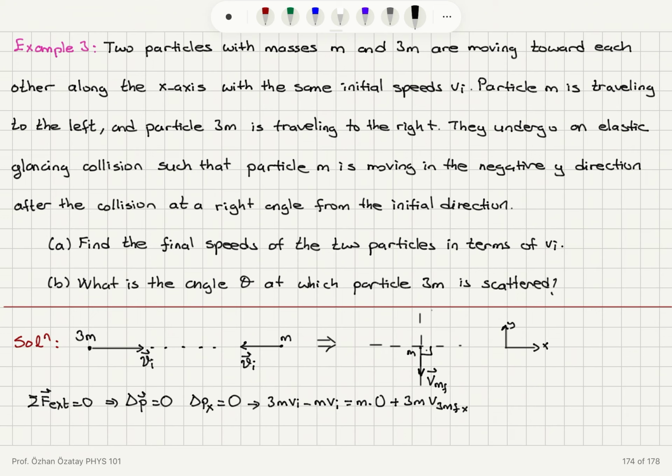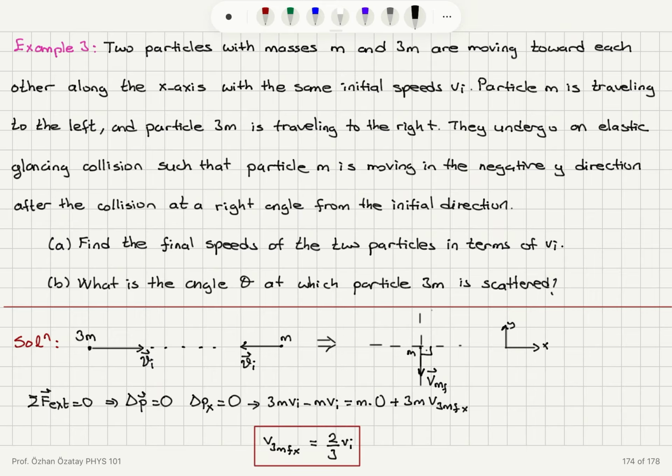Okay, so from this equation I find that for 3m final velocity x component, it must be equal to 2 over 3 v initial. So let me note this result.